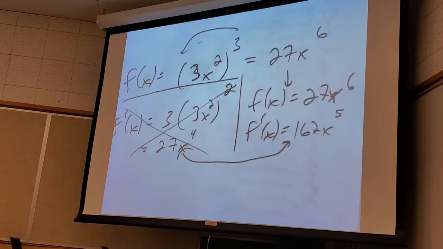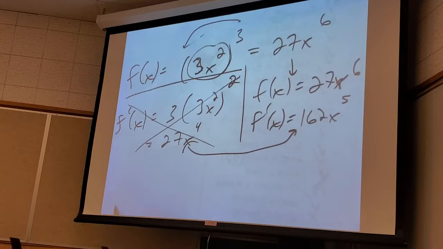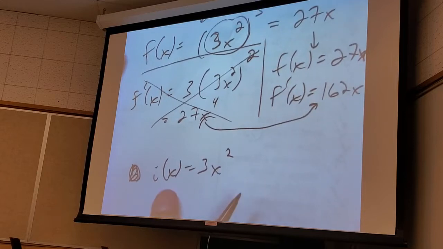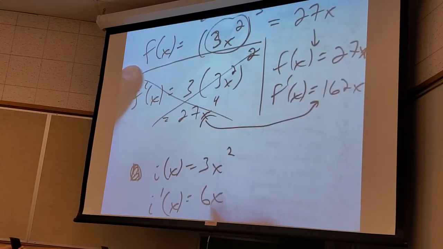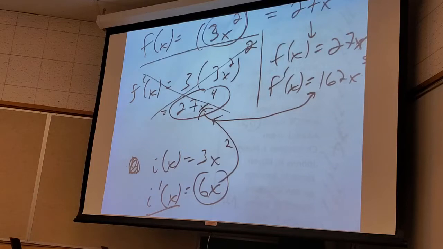But look at the inside. Let me call the inside I of x. What's its derivative? 6x. And what is 6x, the derivative of the inside, times what I did? Is that the same answer, right?